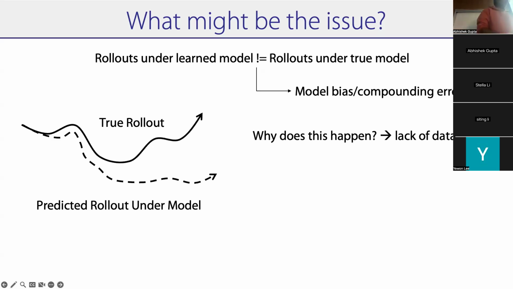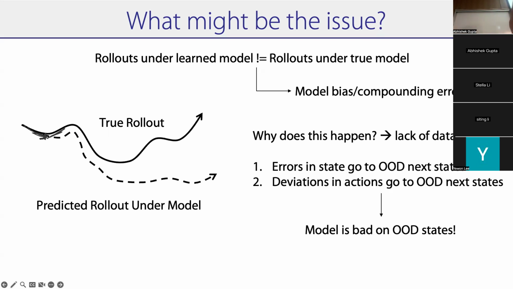If you have this lack of data and your model makes a little bit of an error, you have no idea how to recover from there. So things go out of distribution and continue amplifying. If your model is bad on OOD fits, it can get worse and worse and worse. The reason this is bad is that imagine this was the true outcome, which is bad, and this is the imagined outcome, which is great.